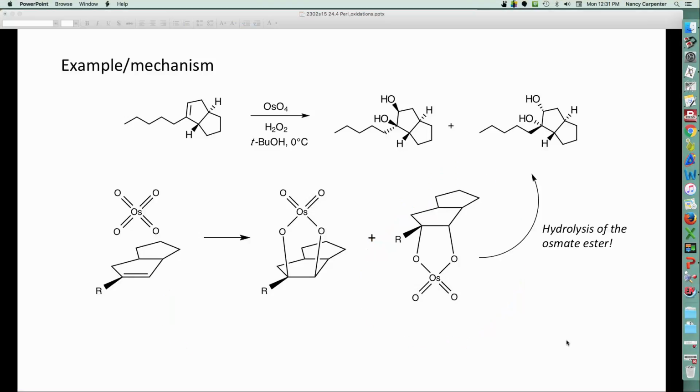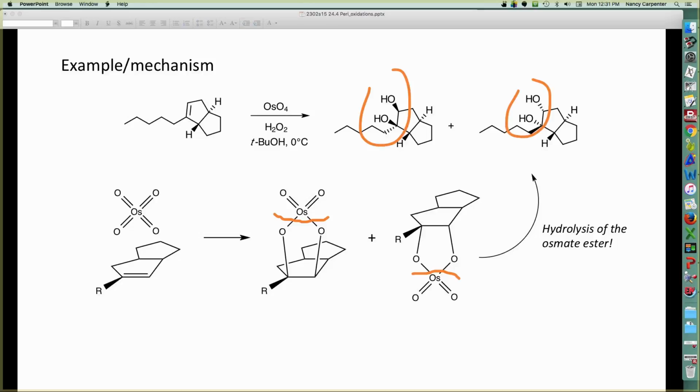These intermediates are the osmate esters, and as I kind of alluded to earlier, it's some kind of magic chemistry that we don't know yet that allows these things to be cleaved, leading to exclusively the syn diol. Okay, so the key things you're looking for here: pi electrons, electron-rich, heavy-duty oxidizing agent, lots of oxygens, syn.